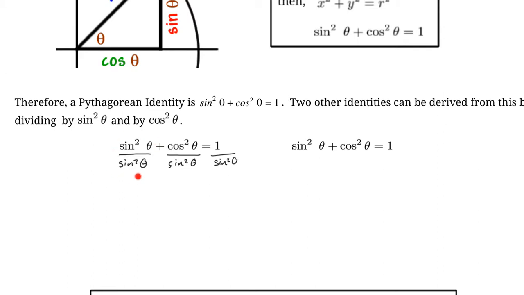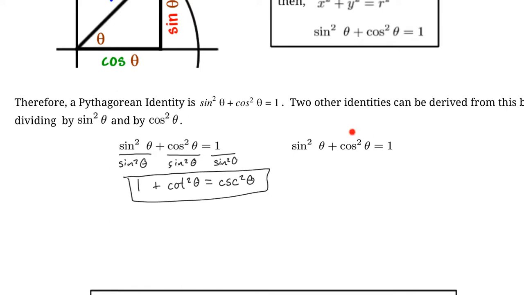Sine squared theta divided by sine squared theta is just 1. Cos squared theta divided by sine squared theta is the reciprocal of tan, so this is cotangent squared theta. And 1 over sine squared theta is the reciprocal of sine, so this is just cosecant squared theta. And that's it. This is our second Pythagorean identity.